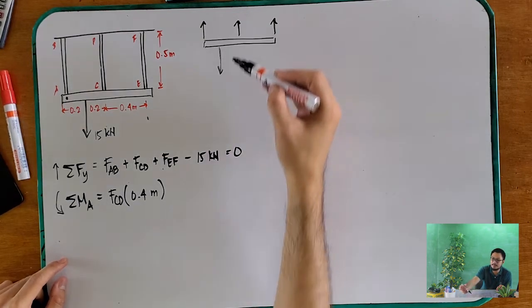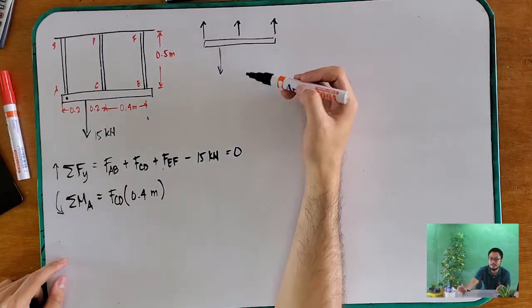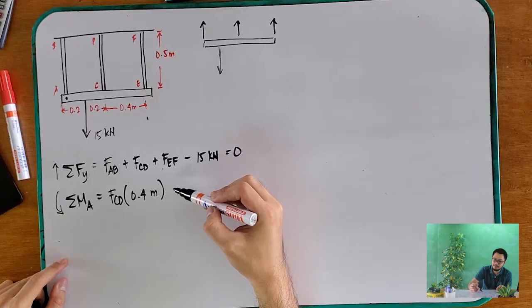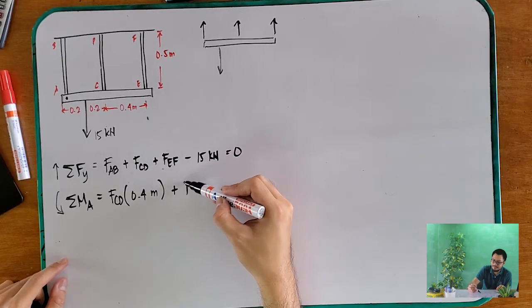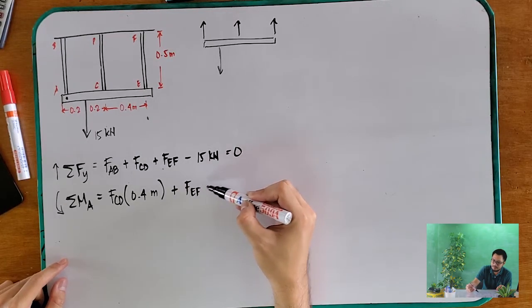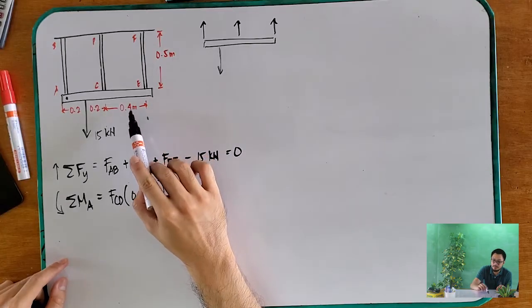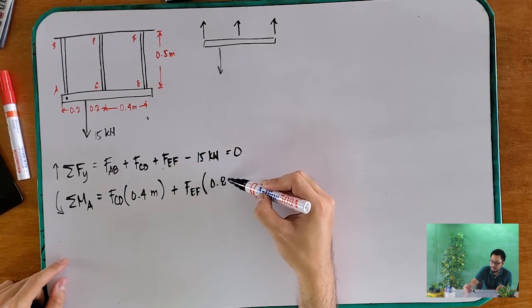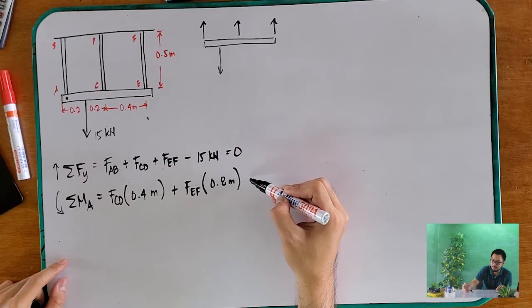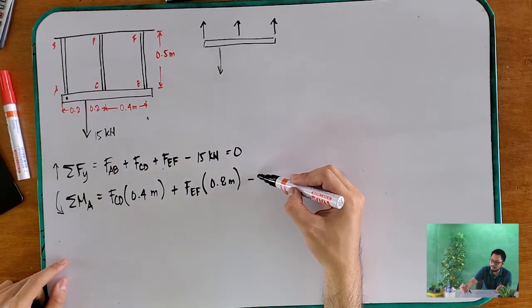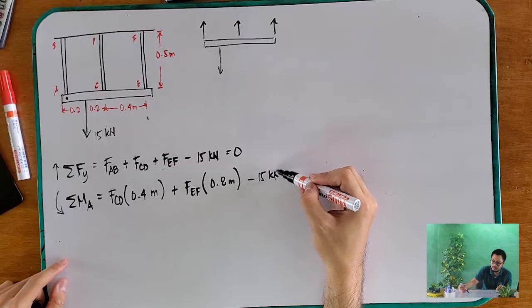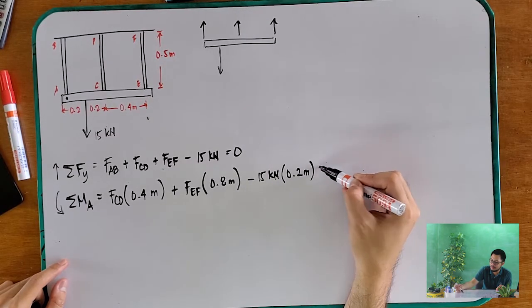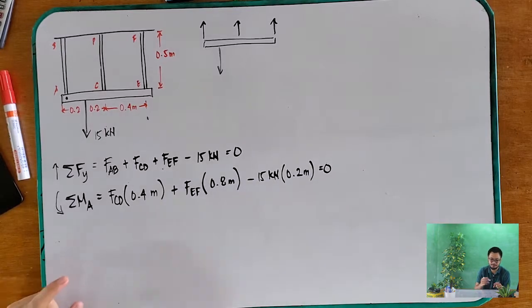Positive, right? Because it creates a counterclockwise moment. Next, plus F EF times 0.4 plus 0.4, 0.8 meters, minus 15 kilonewtons times 0.2 meters is equal to 0.